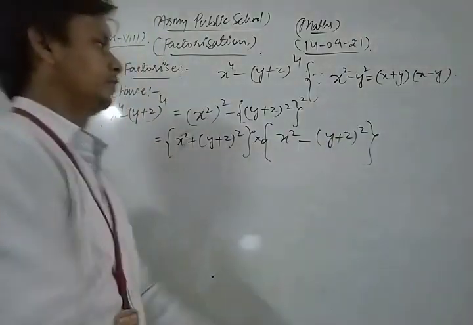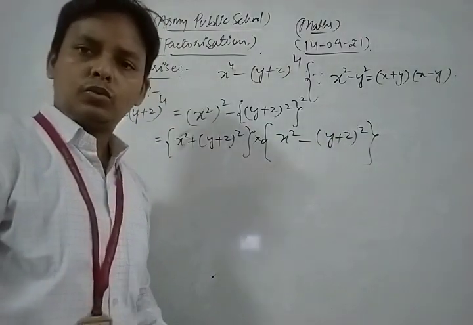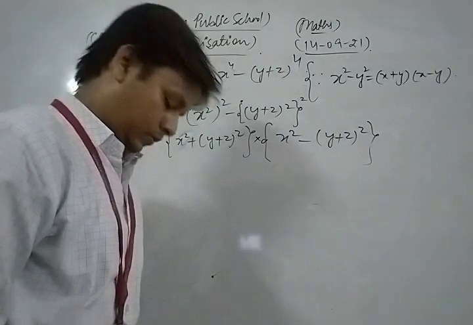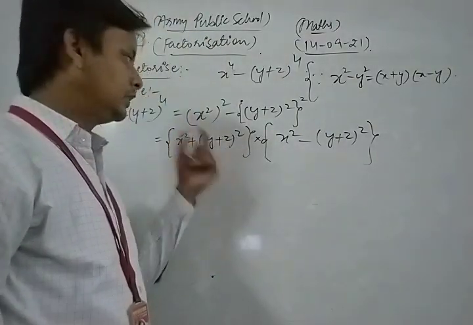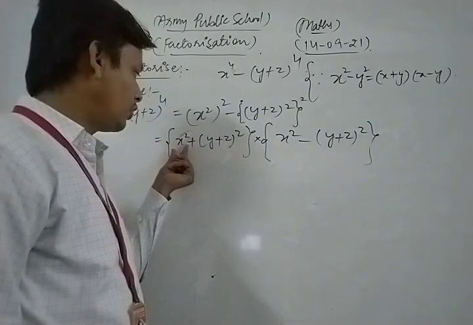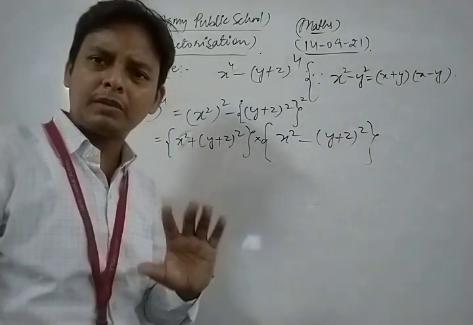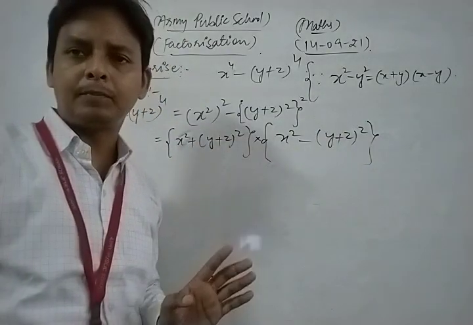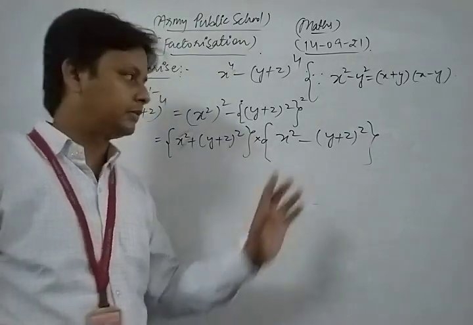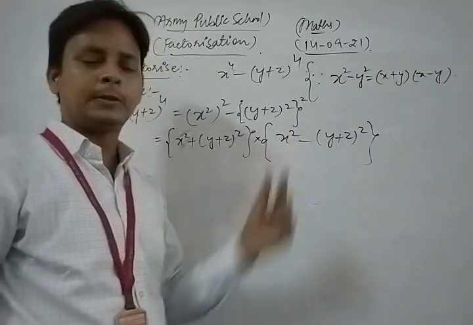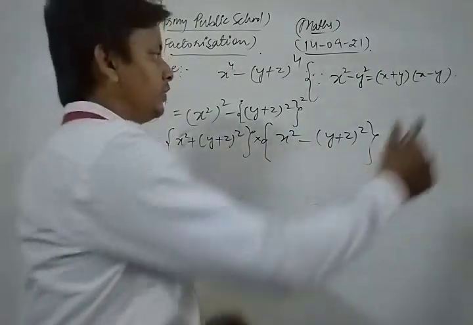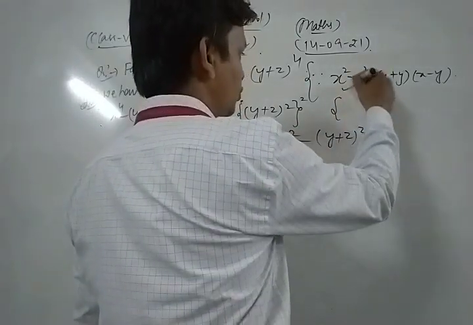Now look what I do. Now dear friends, here this is the form of a square plus b square. A square plus b square is not any identity, but here again we apply the form of a square minus b square.